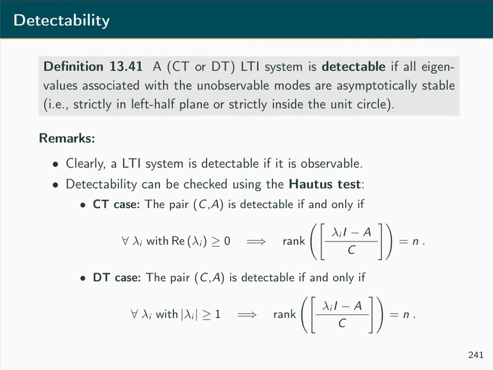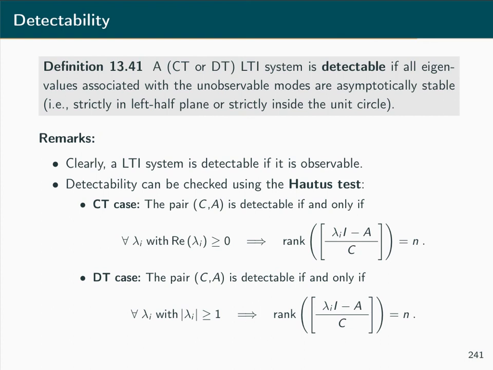For checking the detectability of a system, we can again use the Hautus test, which in the continuous time case reads as follows. The pair C, A is detectable if and only if for every eigenvalue lambda I, which is not asymptotically stable, we must have that the rank of this matrix, where we substitute lambda I here, is equal to n.